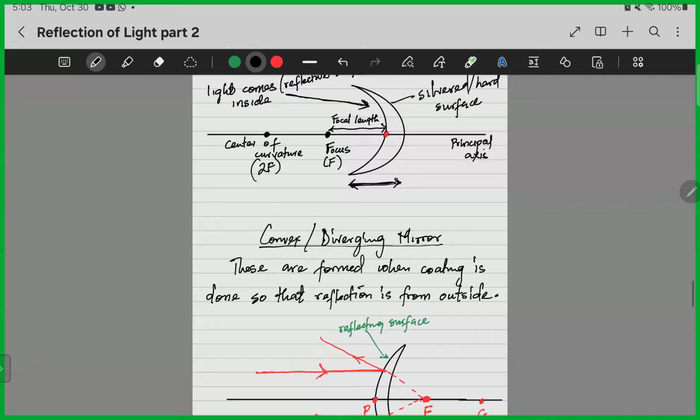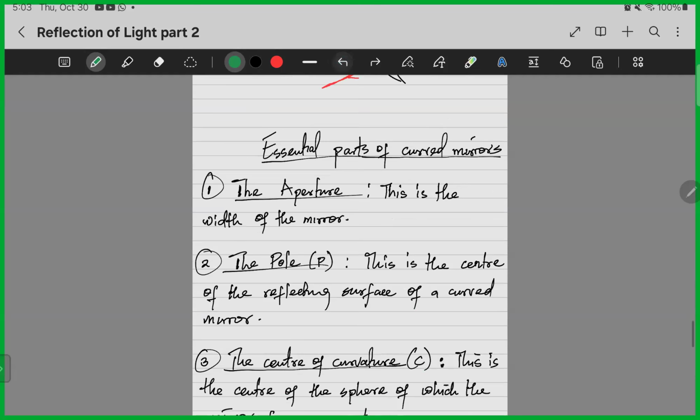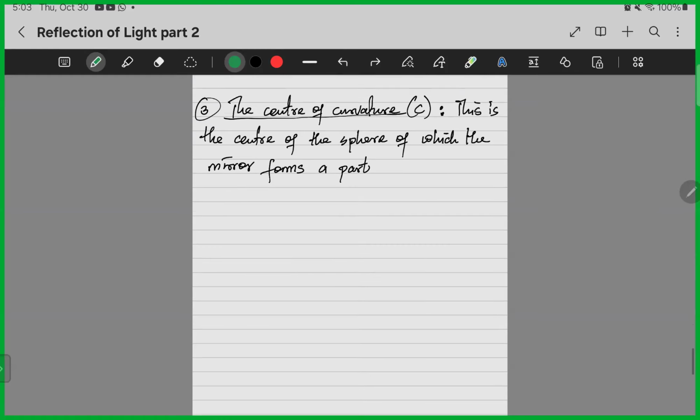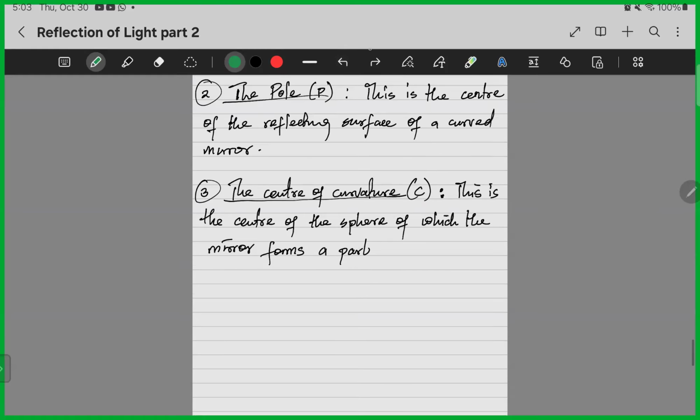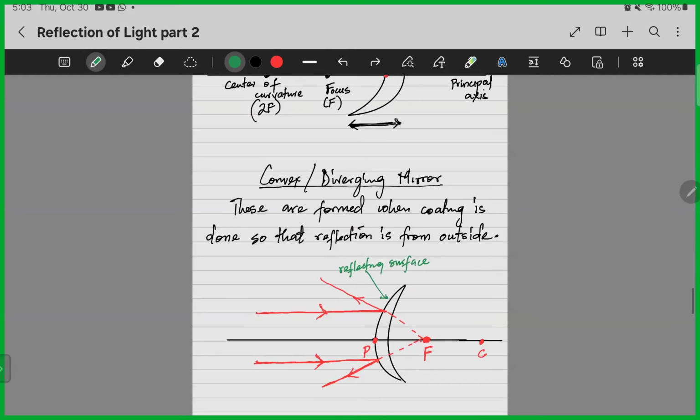So the idea is that the center of curvature is more like, if you complete this guy somehow, let me use the convex mirror.